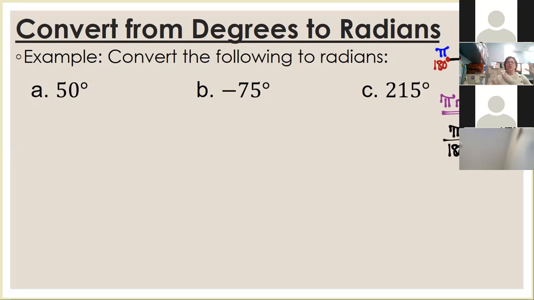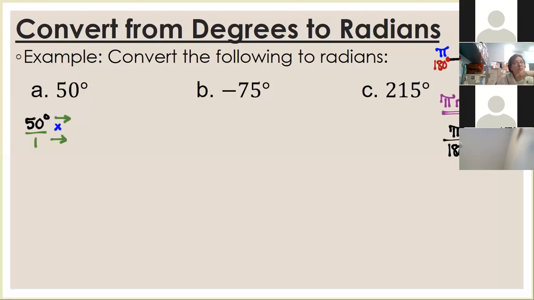Now, when I'm using these proportions to do conversions, I want my degrees to cancel out. So when I multiply fractions together, I would take 50 degrees and multiply it by one of these proportions. I take anything and put it over 1 so that I can multiply numerator to numerator and denominator to denominator.